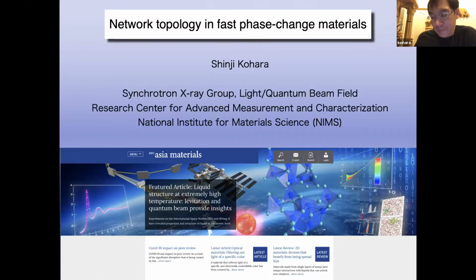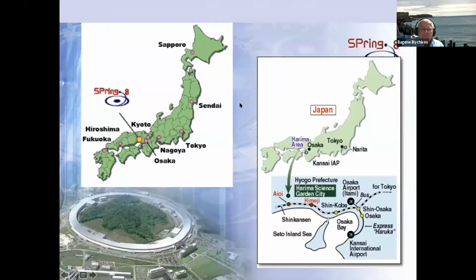So I'm working at SPring-8. SPring-8 is a very big synchrotron radiation facility in Japan. This is a map of Japan. Tokyo is here, Kyoto is here, Osaka is here.